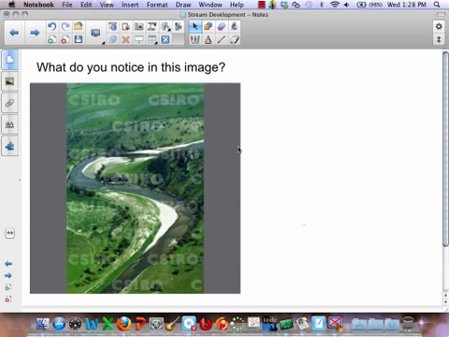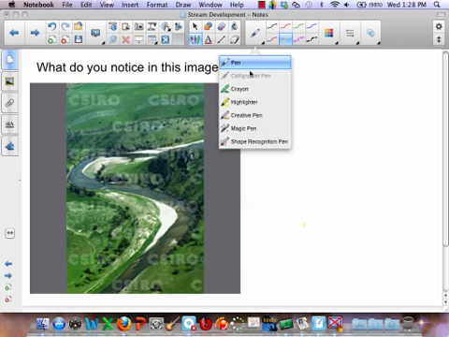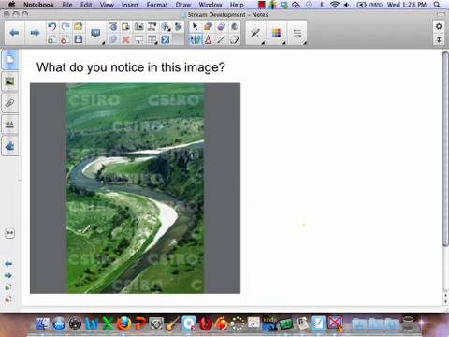Okay? Now, to me, I can see exactly what I want to point out to you guys, but I'm not sure if you're going to see it. I want you to compare this grass right here and this grass. One's darker than the other. What does that tell you, Chris?